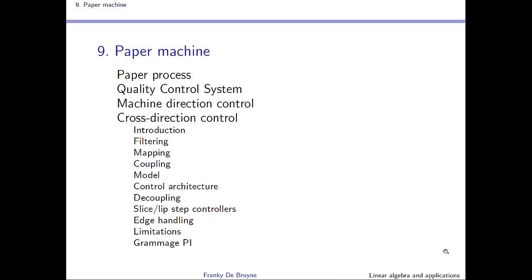So you see that a lot of the things that we've seen in this course on linear algebra find their way into practice. Here it's in a control problem on a paper machine, and remember that we had to solve a system of equations to do the mapping. We had to compute the inverse of a matrix for this decoupling problem, and we could have been a little bit smarter by doing things more efficiently using the LU decomposition.